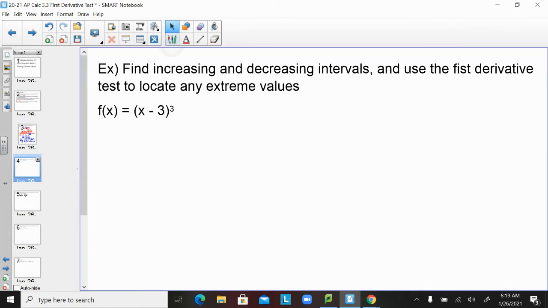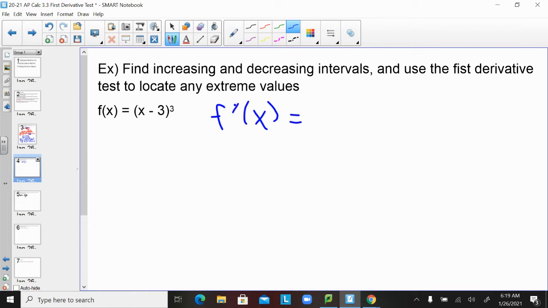So again, we will take the derivative. F prime of x is 3 times x minus 3 squared times the derivative of the inside, which is just 1. So again, I need to figure out where this equals 0 because it's never undefined. I divide both sides by 3.